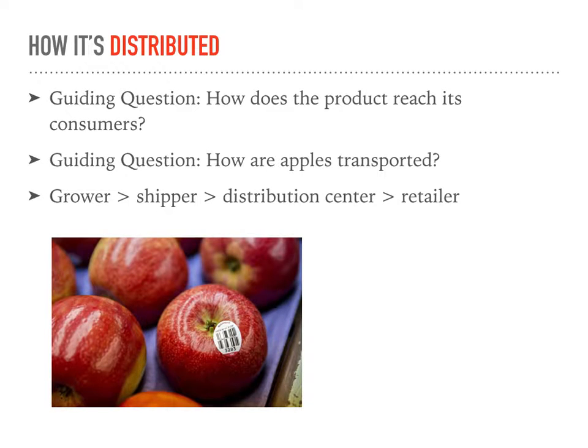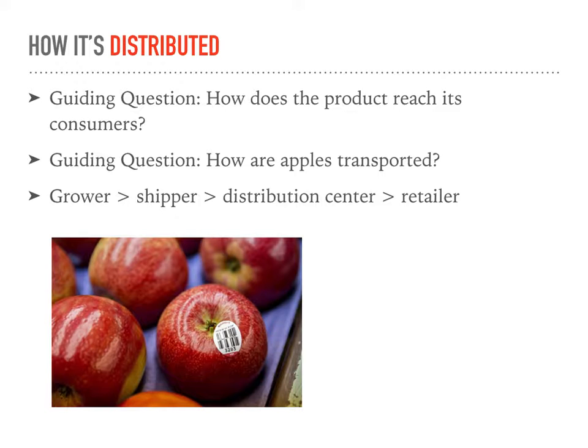One of our guiding questions was, how does the product reach its consumers and how are apples transported? So apples are grown by the grower, like we talked about, typically at an apple orchard, and there they are kept and stored. They're all hand picked, and then they're put in crates.